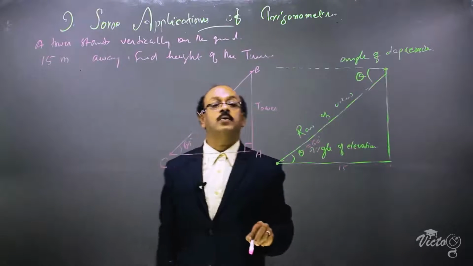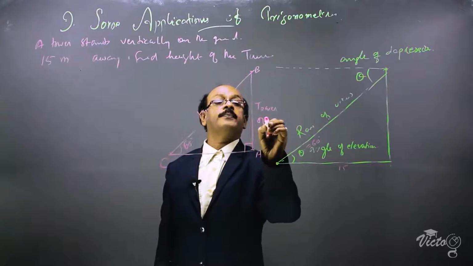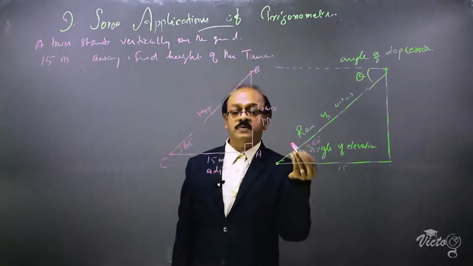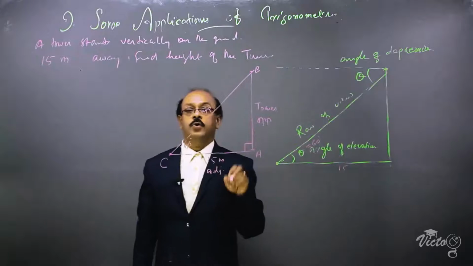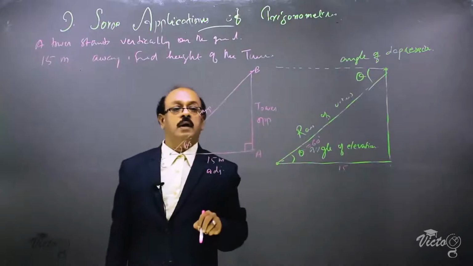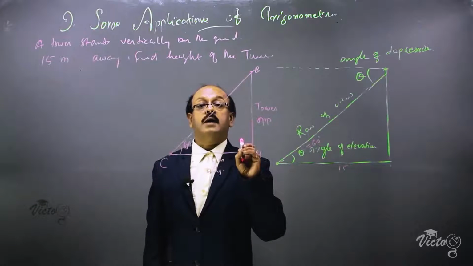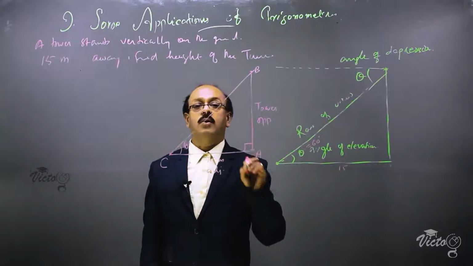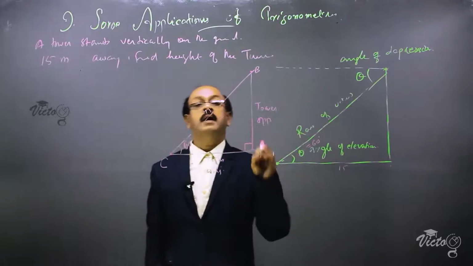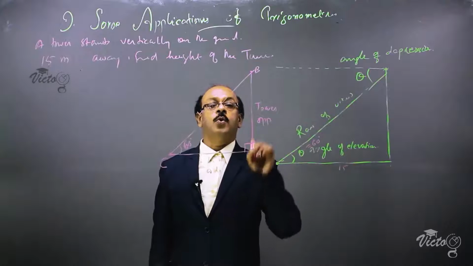We have to find the opposite side, and the adjacent side is known. Which ratio should we use here? We have to use tan theta. Tan theta is equal to opposite side by adjacent side. Please remember the identity.